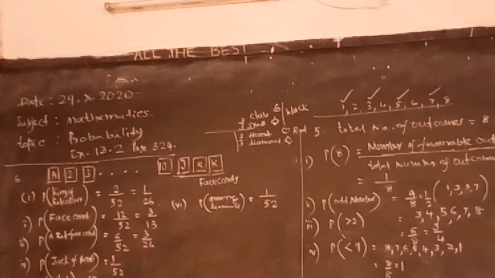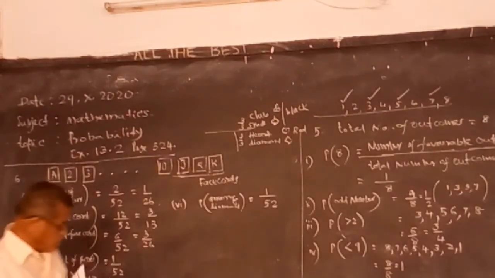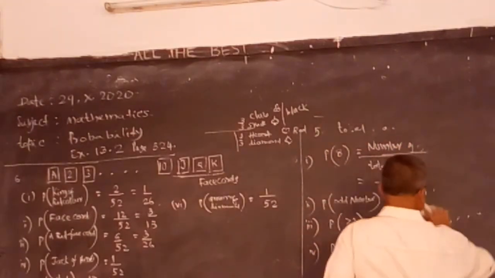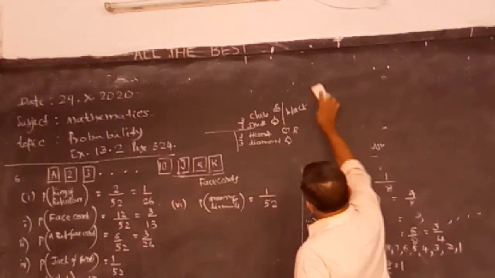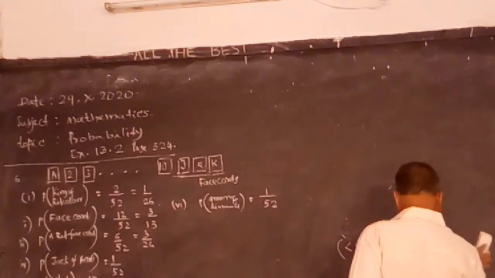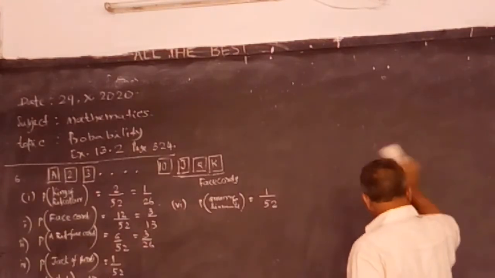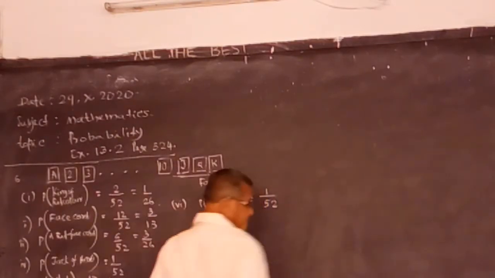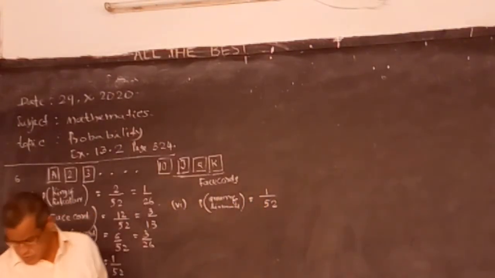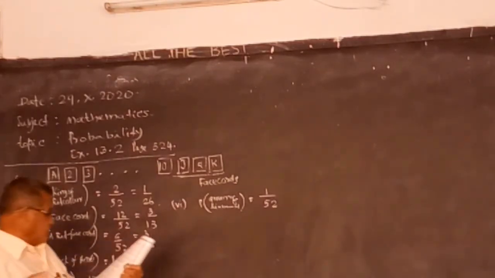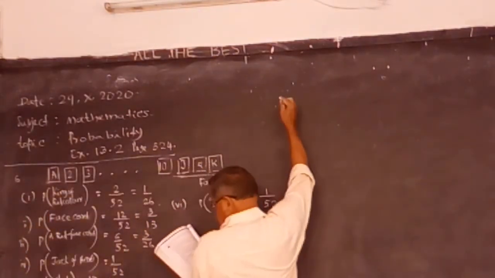Okay, 7th question. Five cards. What are the 5 cards?